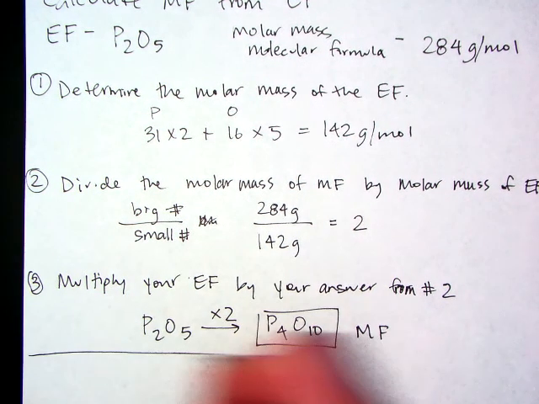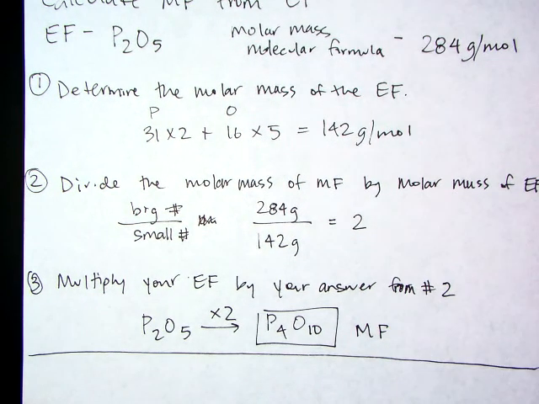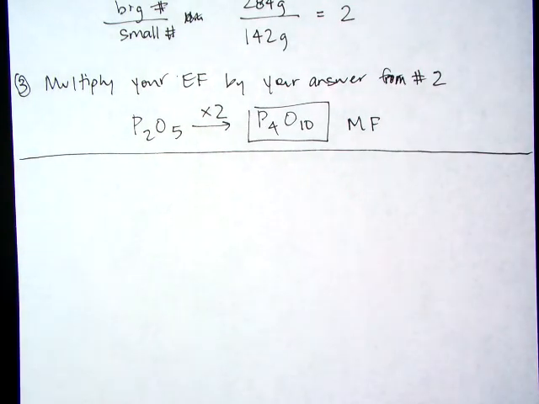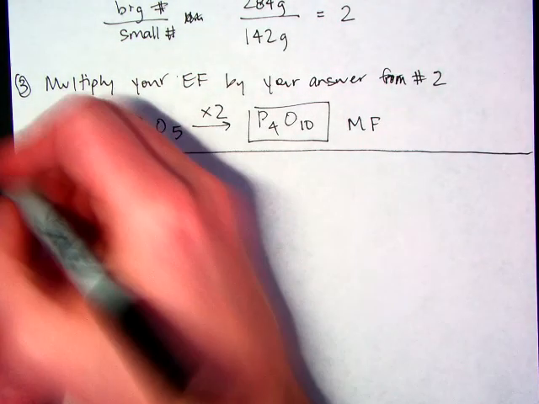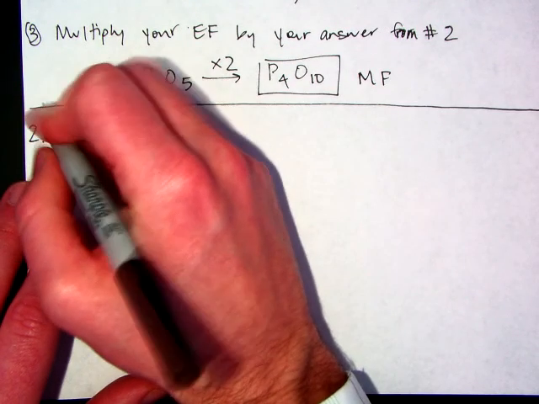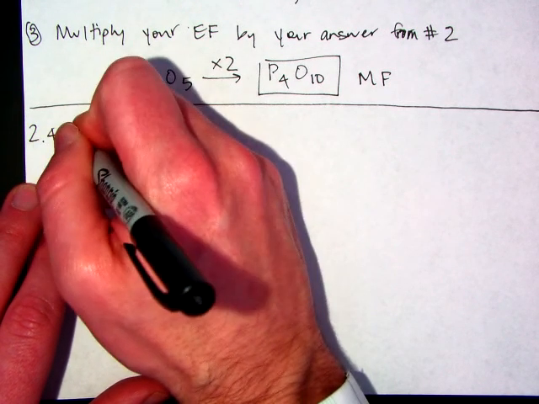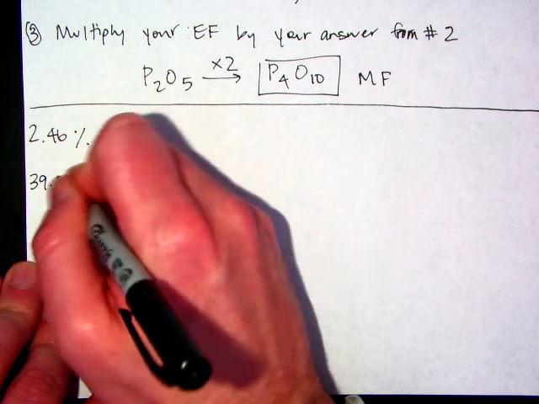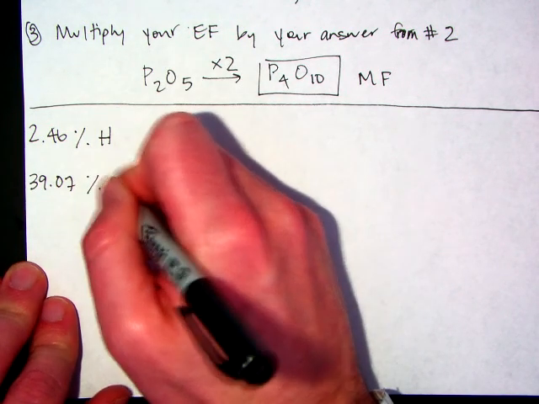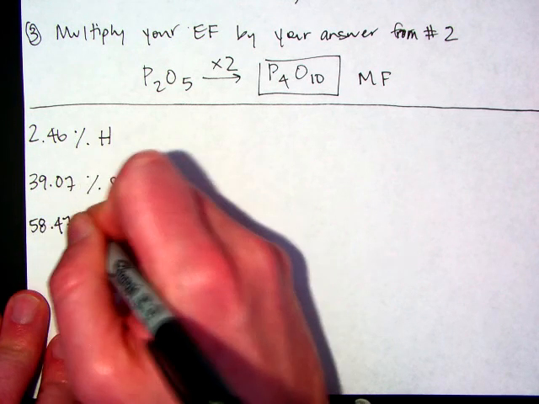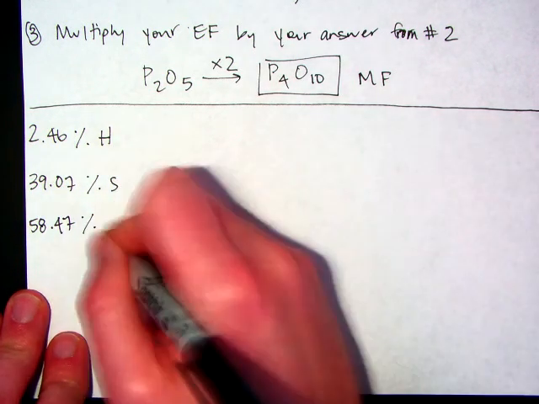What's more fun is when you start from scratch, from the percentages like we did yesterday, and go all the way to the molecular formula. So we're going to try that now. Ready? So let's start with 2.46% hydrogen, 39.07% sulfur, and 58.47% oxygen.